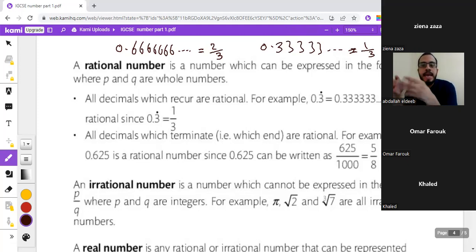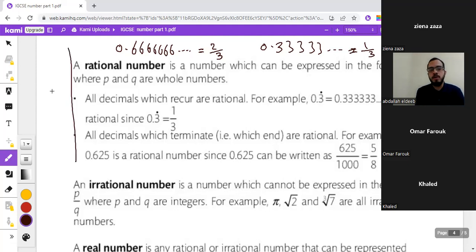We name it rational number. Otherwise, it will be an irrational number. What does it mean? It means I cannot write it as a fraction. Can you try this in your calculator? Root 11 equals what?